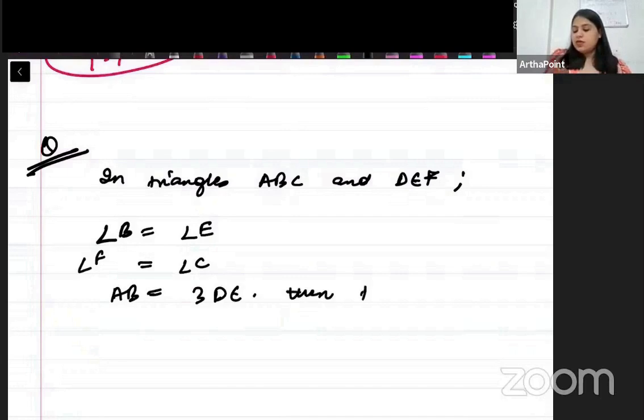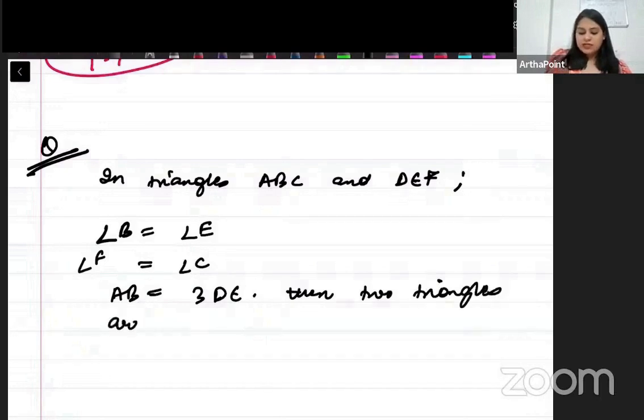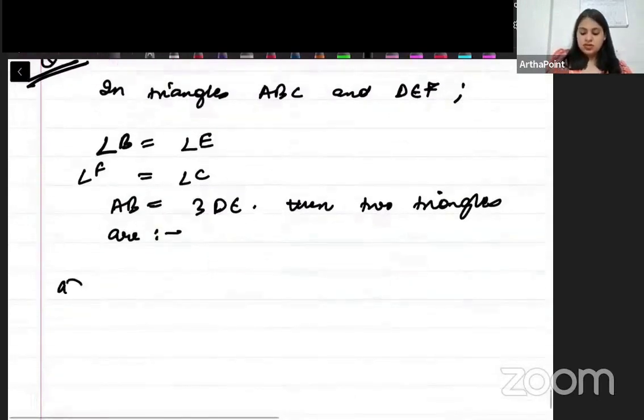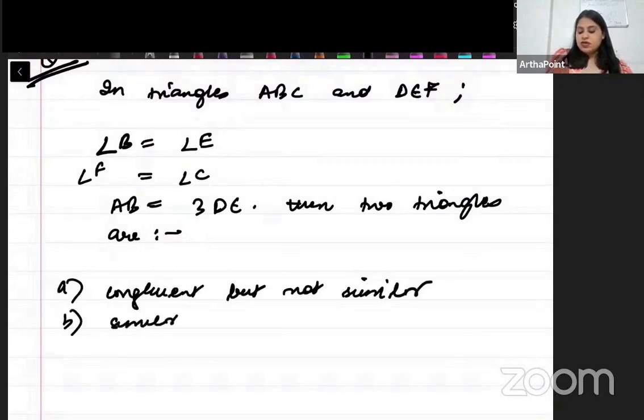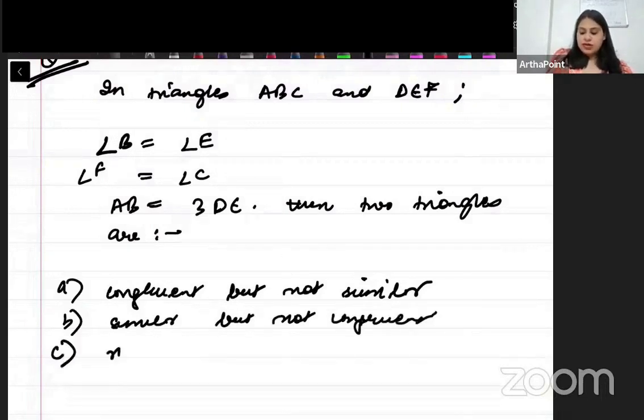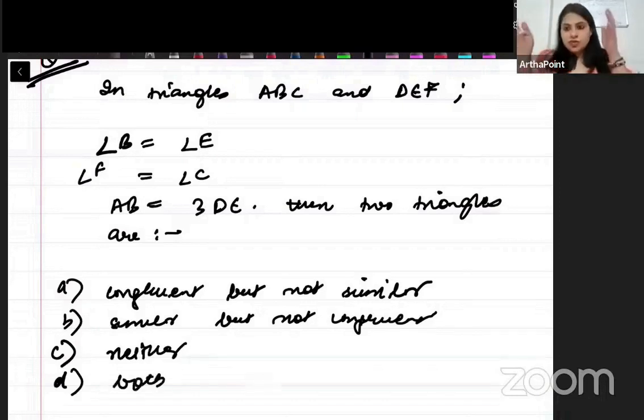Then the two triangles are: first, congruent but not similar. Second, similar but not congruent. Third, neither congruent nor similar. Fourth, both. Beta, understand the first thing.